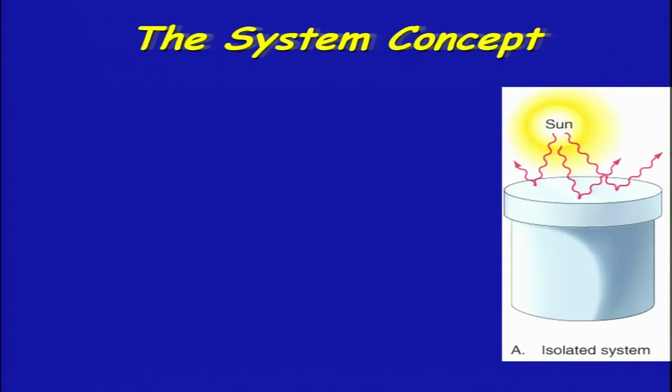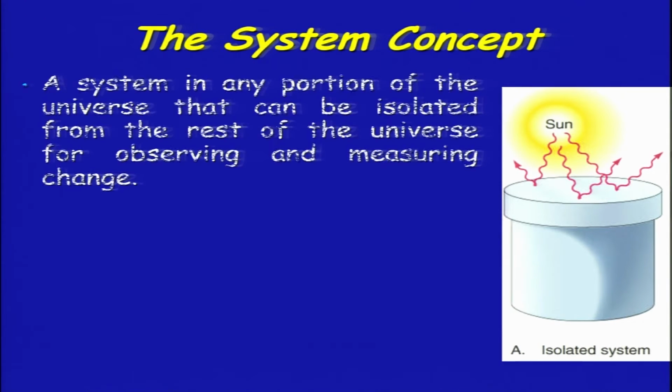First, the isolated system. We define it as a system in any portion of the universe that can be isolated from the rest of the universe from observing and measuring changes. So, you can't do anything, it is completely isolated.